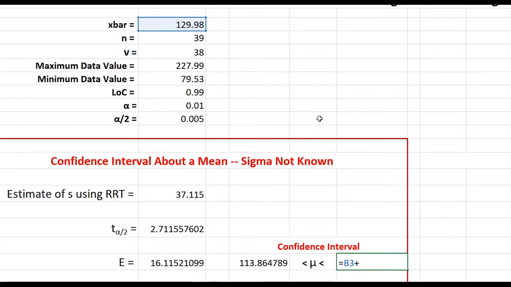Here I have the numbers that basically I had before. This means that we can be 99% confident that the population mean price for textbooks is somewhere between $113.86 and $146.10 when I round this number here.